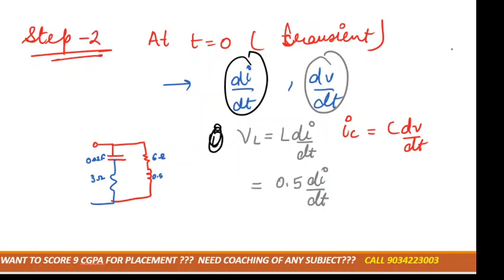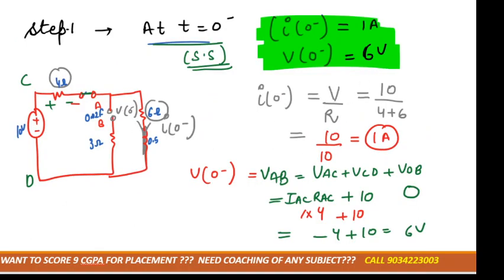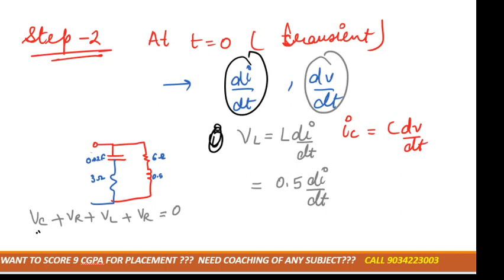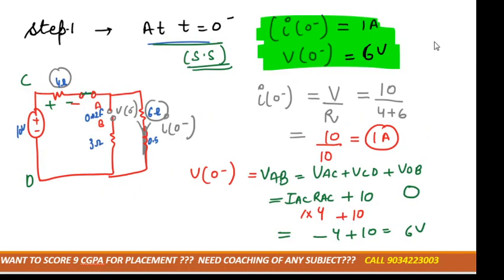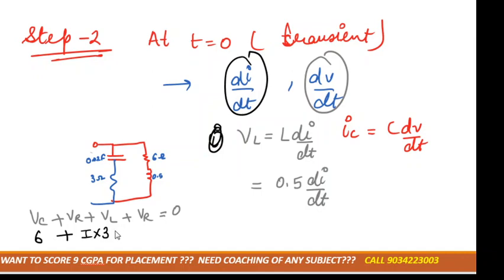And tell me, how can we calculate voltage? By applying KVL, like VC plus VR plus VL plus VR must be equal to 0. As you can see, there is no supply, right? VC we already calculated in the first part, that is we got it as 6 volt. So 6. VR is how much? I into R. I also we got it as 1 ampere, right?